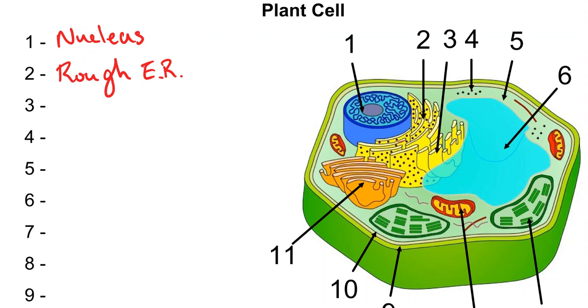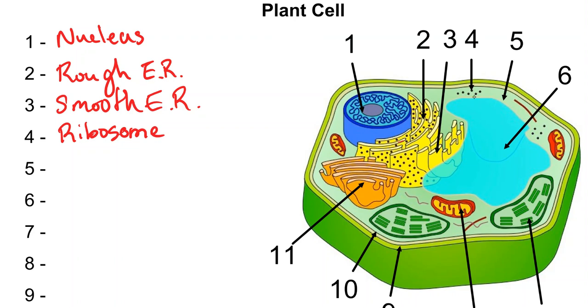Number 3 looks like an extension, so that's the smooth ER, not smoth ER. Number 4 looks like it's just a bare ribosome all by itself. So it's making proteins outside of that endoplasmic reticulum. Number 5 looks like it's pointing at nothing at all, so that's the cytosol or cytoplasm.